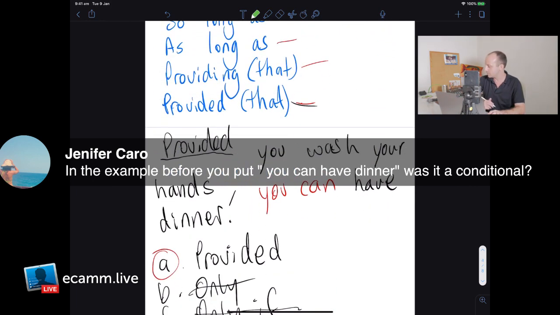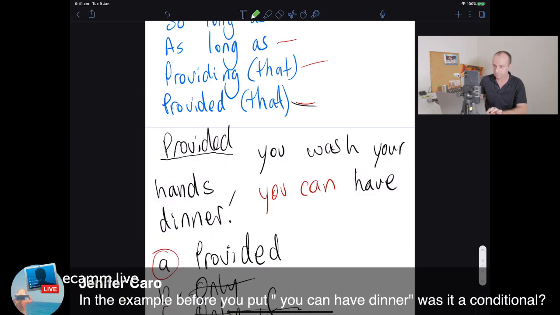Yeah, provided that you wash your hands, you can have dinner. Because provided that is another way of saying only if, which is used as a conditional, right? If you don't wash your hands, you can't have dinner. If you wash your hands, you can have dinner.